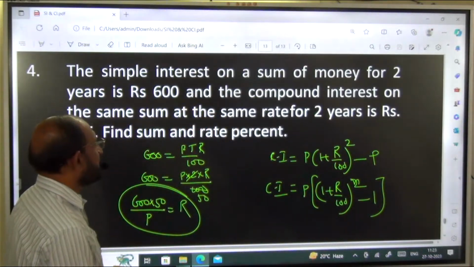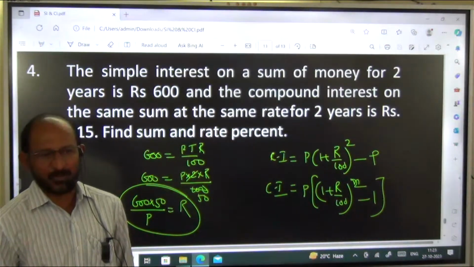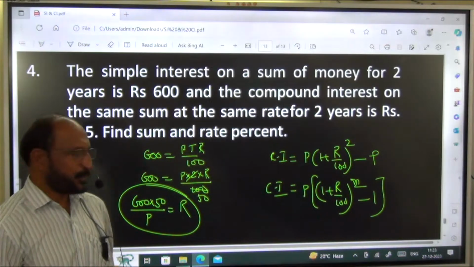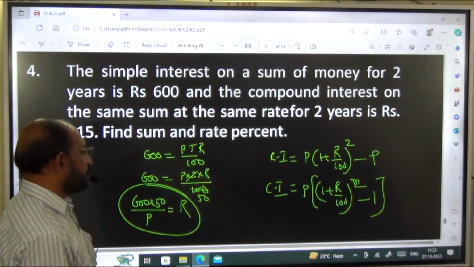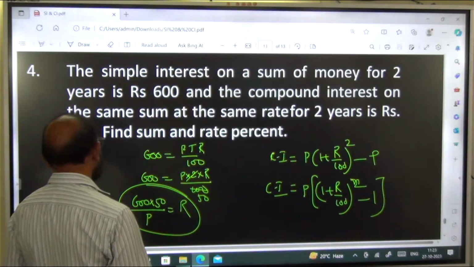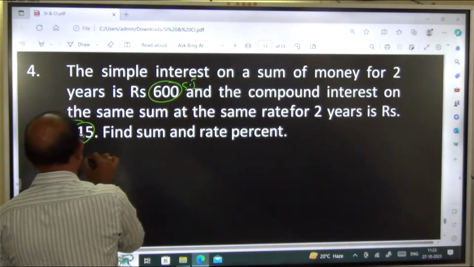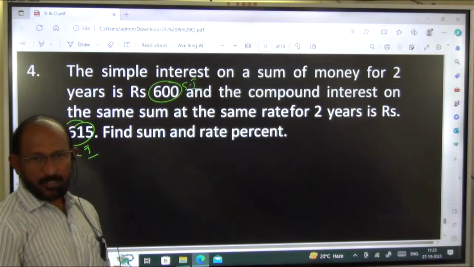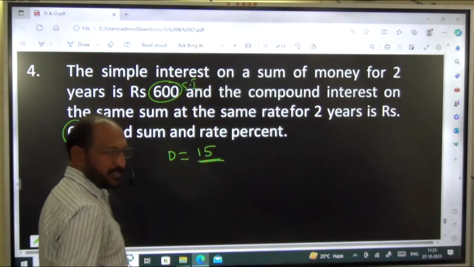You think they won't ask much more lengthy problems. Calculate. This is the simple interest, this is the compound interest. Difference is equal to how much? 15 rupees is the difference.